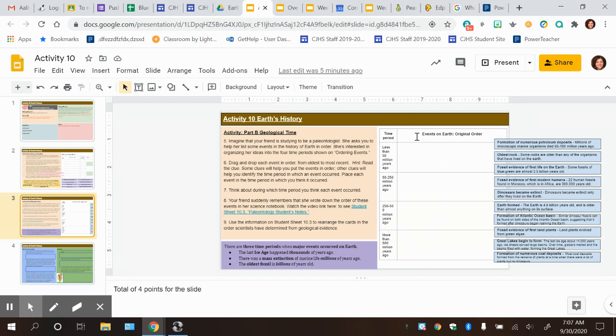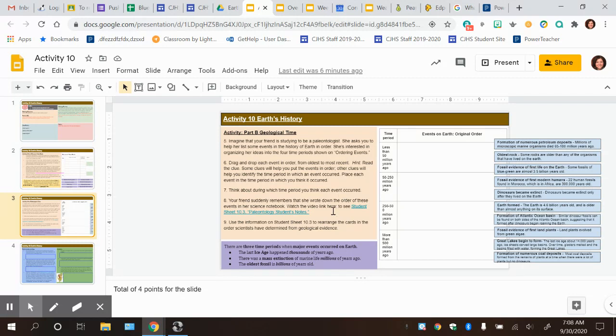Okay, so here are the 4 different time periods: less than 50 million years ago, 50 to 250 million years ago, 250 to 500 million years ago, and more than 500 million years ago. And then here are some different events that have happened in the blue boxes that happened in Earth.